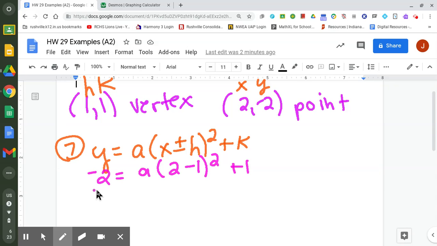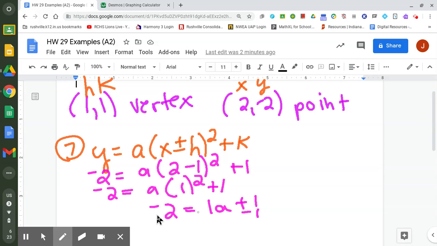So now I'm going to keep going on this. So now the 2 minus 1 is 1 squared plus 1. So I've got negative 2 equals 1a plus 1, because 1 squared is 1. Then I'll subtract 1 on both sides of the equal sign, and I have negative 3 equals a.